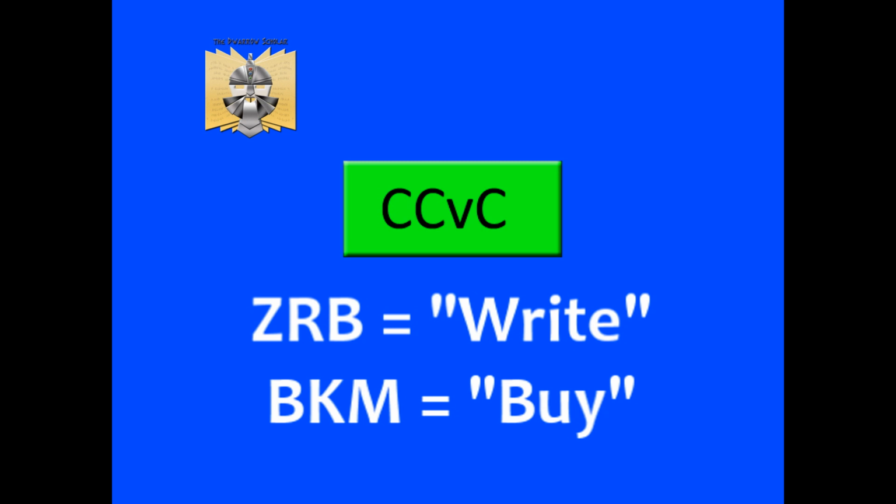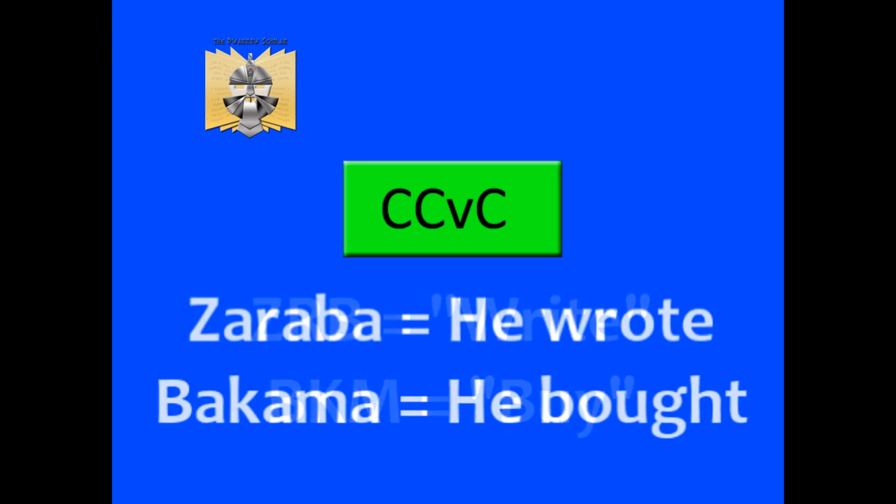Now, in the perfect tense, these verbs had the same verb base vowels. He bought is Bakama, he wrote is Zaraba. As you can see, they both use A vowels in the perfect tense.